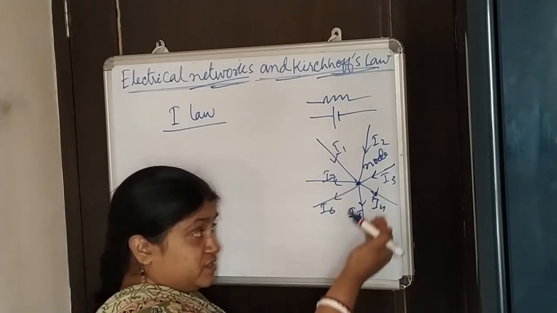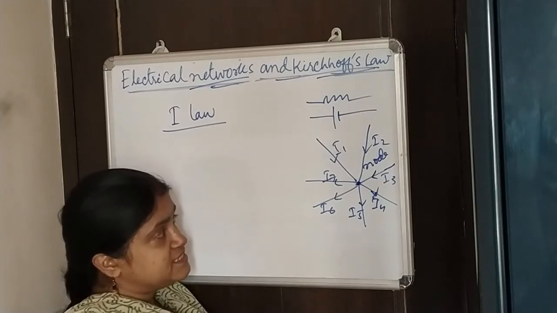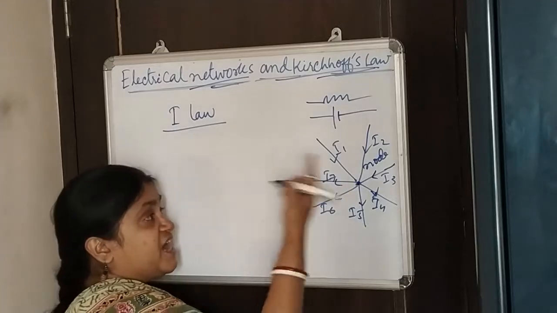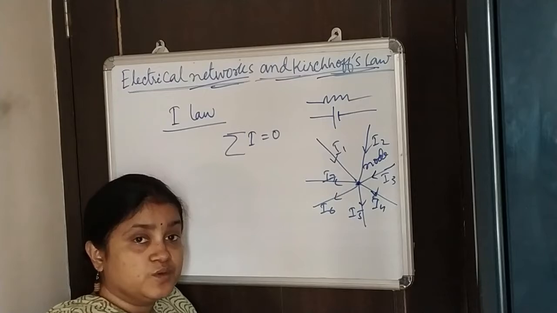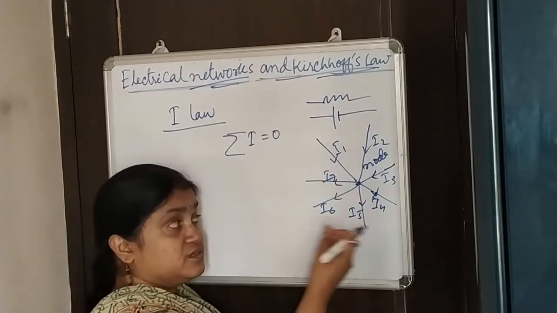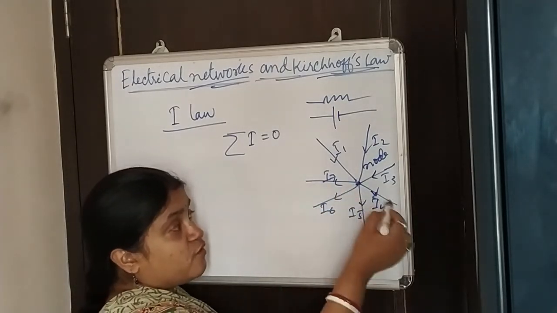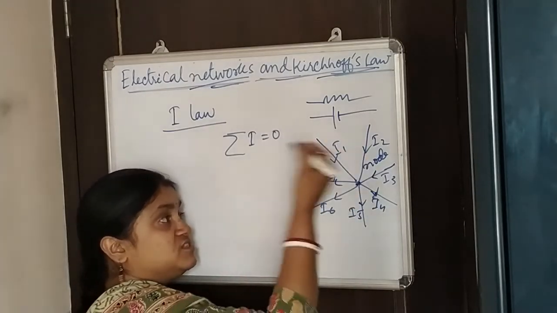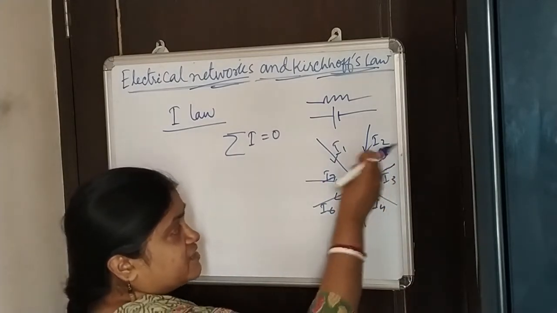So at an electrical junction, Kirchhoff's first law says that the algebraic sum of all the currents should be equal to 0. So for a steady current, the algebraic sum of all these currents, maybe entering, maybe leaving, at the junction should be equal to 0.